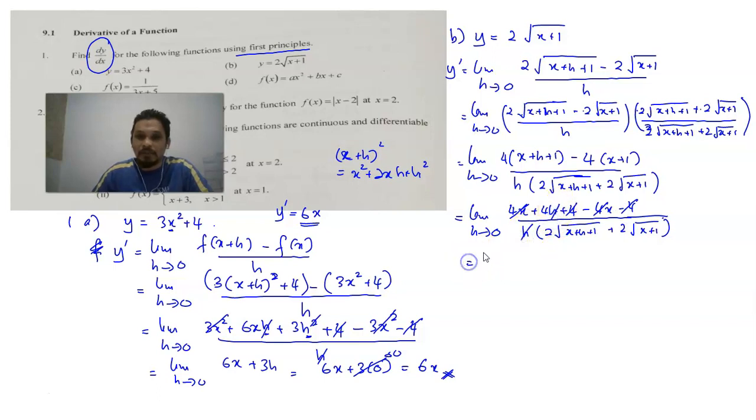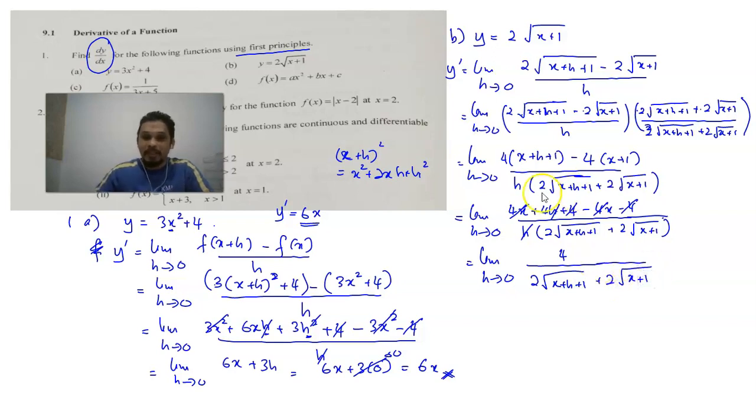So what's left here now? Limit of h approaching 0. What's left on the top here? It's only 4, right? 4 divided by 2 square root of x plus h plus 1 plus 2 square root of x plus 1. Okay, substitute h with 0 here. Because we already substitute h with 0, we don't have to write down the limit of h approaching 0 here.